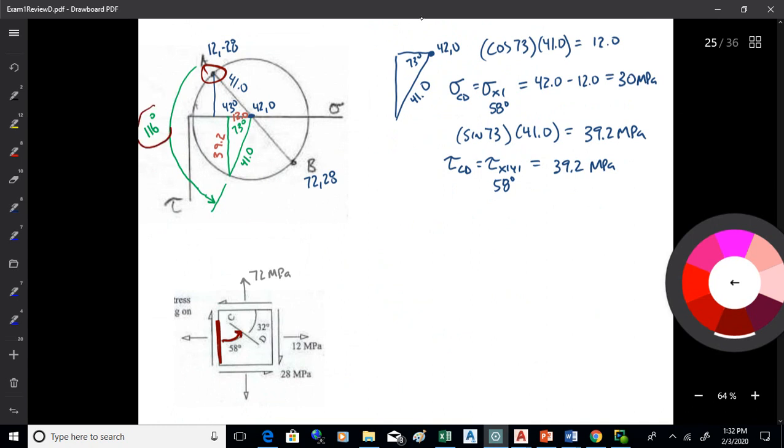That's 116 counterclockwise, and that gets me over here. That's a point on the circle that'll tell me the state of stress on that plane CD.